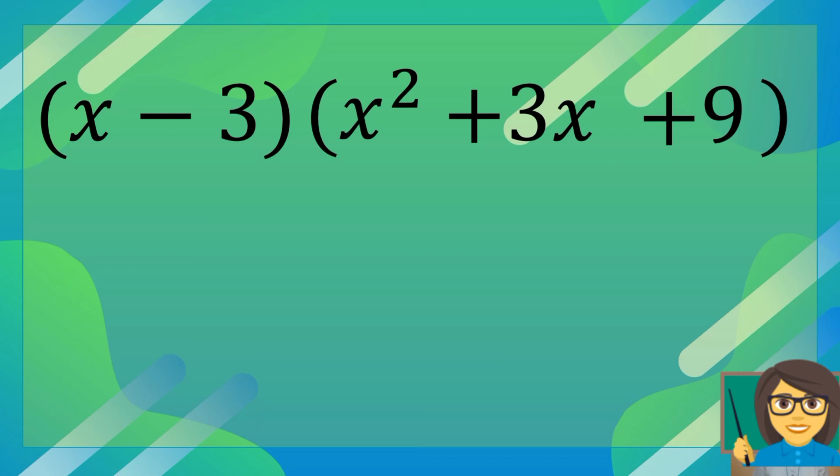Getting the product, we simply get the cube of the first term and the cube of the last term. The cube of x is x cubed. The cube of negative 3 is negative 27. So the product is x cubed minus 27.